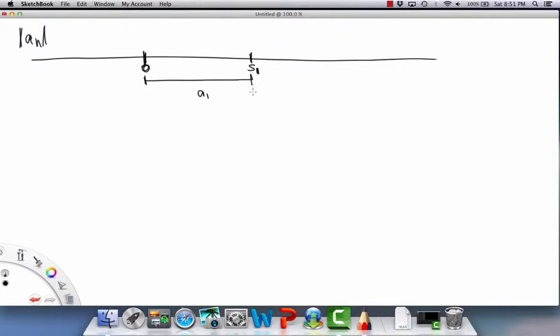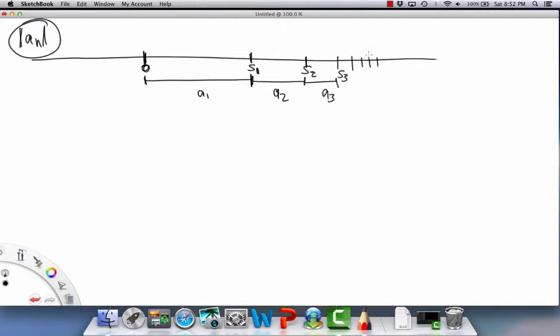Then on top of that, we add A2, and we have to add the positive value of A2, no matter what its sign is, because we're dealing with the absolute value of the sequence. So A2 goes to the right, and A1 plus A2 gives our S2 value, our second partial sum. Then we have another A3, and here would be our S3, and so on.